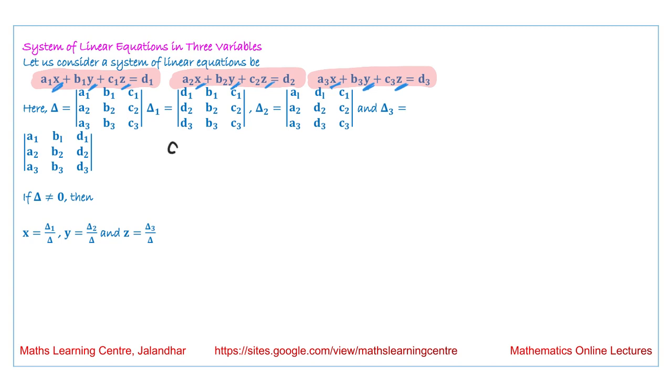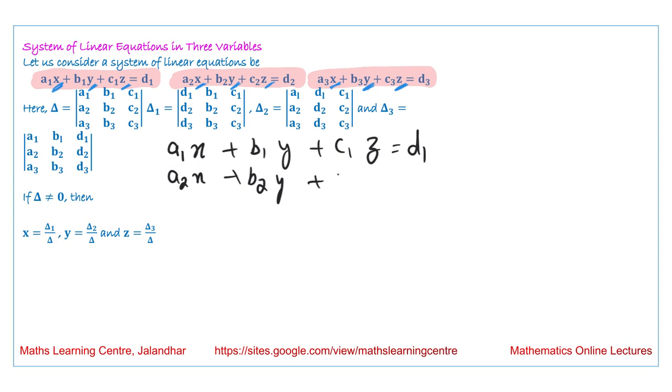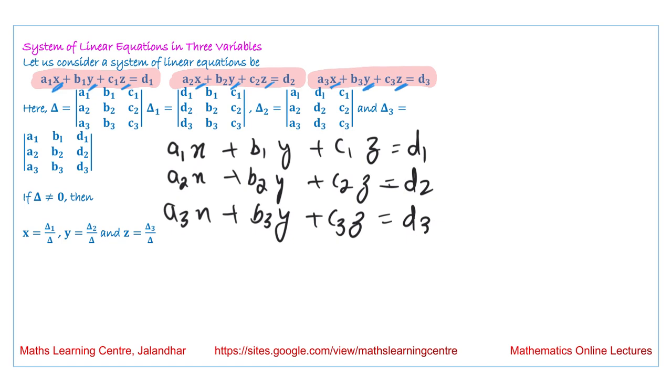So we have the system a1x plus b1y plus c1z is equal to d1, then a2x plus b2y plus c2z is equal to d2, then a3x plus b3y plus c3z is equal to d3.